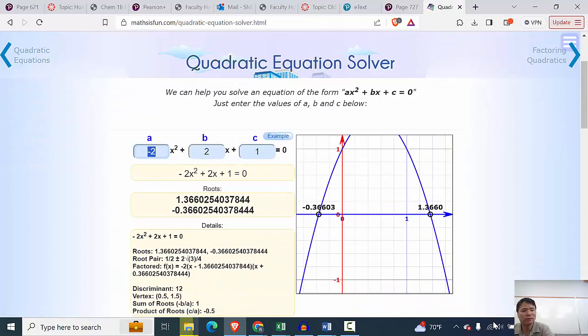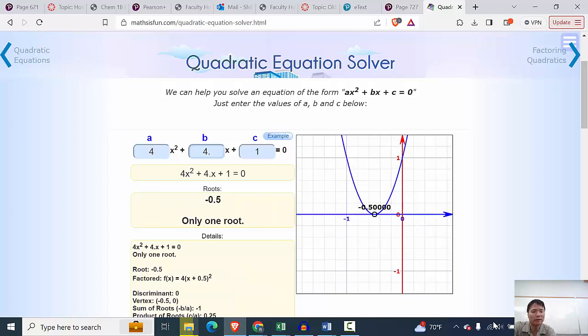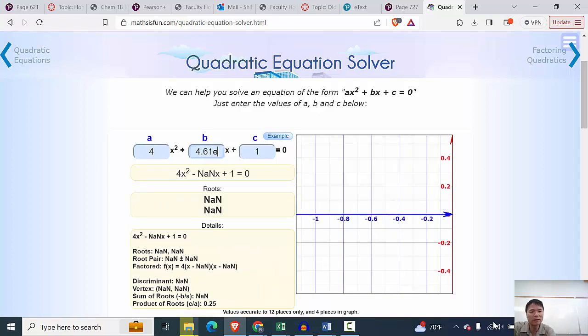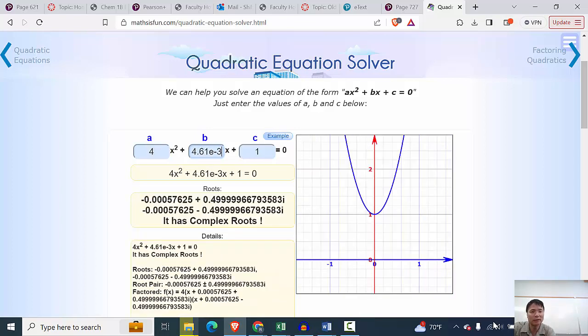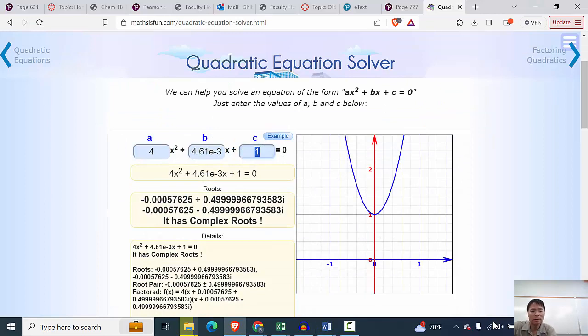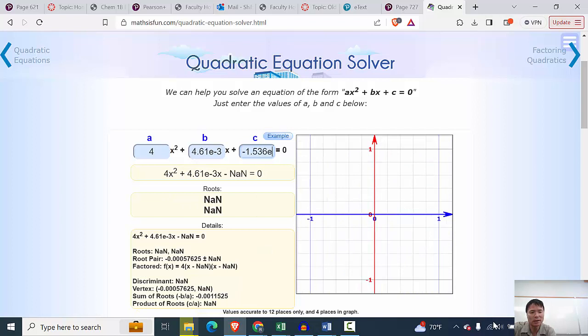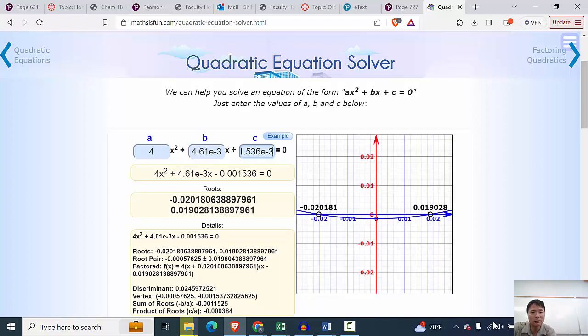So A was 4, B is 4.61 times 10 to the negative 3, and C was, I forgot what C was. Let's take a look at C. Negative 1.536 times 10 to the minus 3.